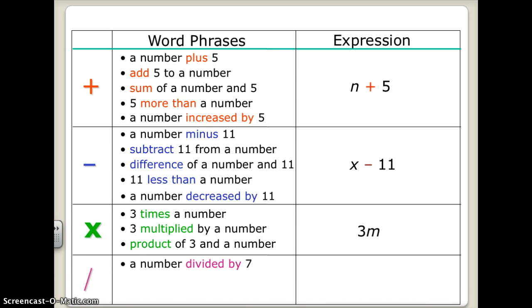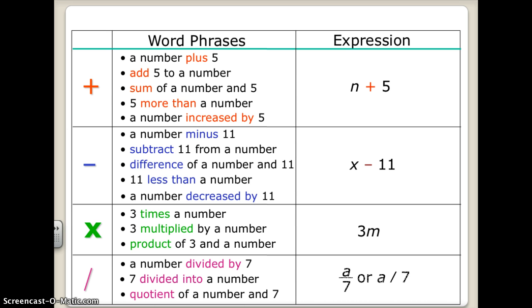Lastly, division, divided by, divided into, or quotient. Purple words go into the division box, or the pink words if you'd prefer. Pay attention again to the divided into, where the 7 is listed first.